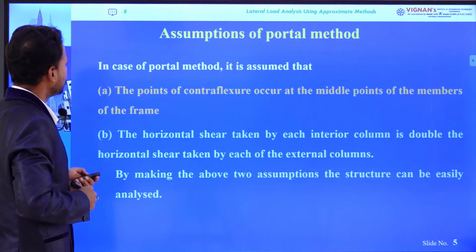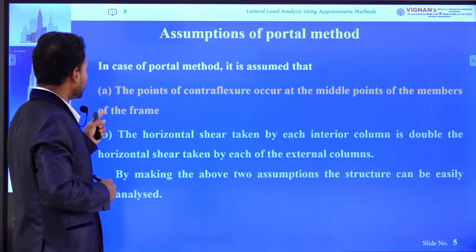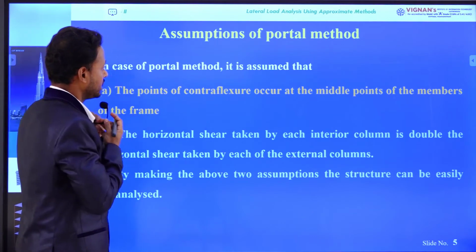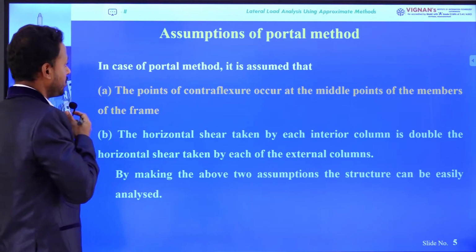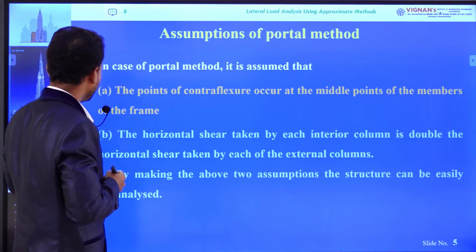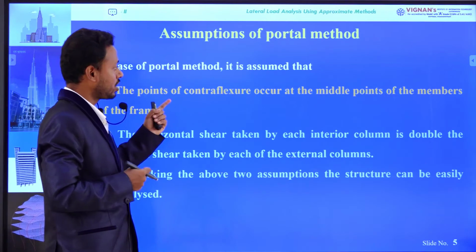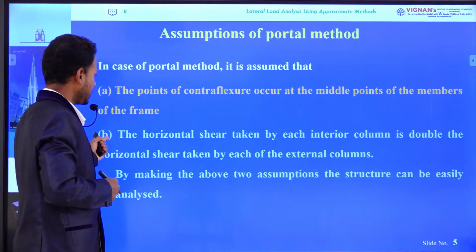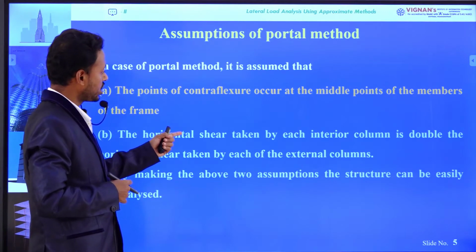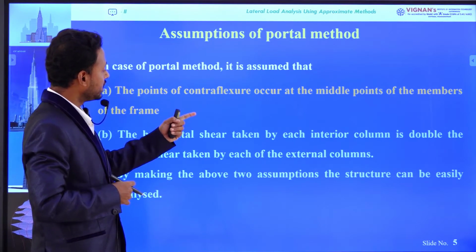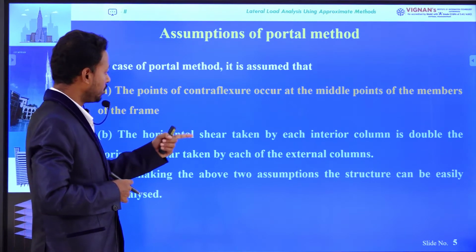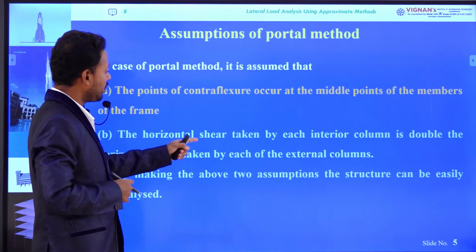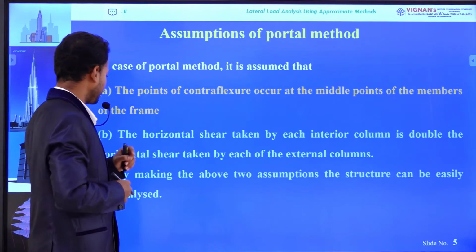So come to the previous slide. The first assumption is that the point of contraflexure will occur at the middle point of the members of the frame. The second assumption is that the horizontal shear taken by each interior column is double the horizontal shear taken by each external column.